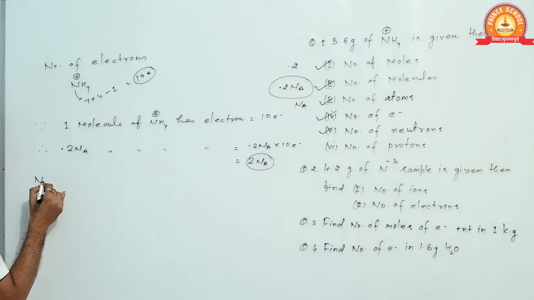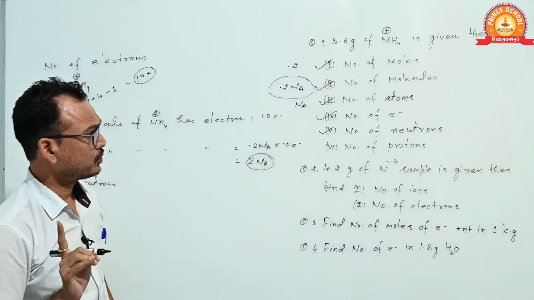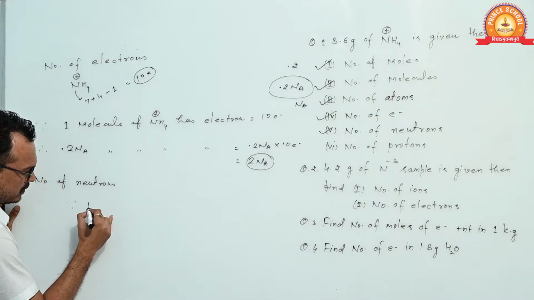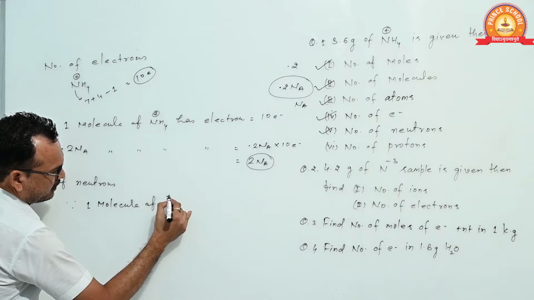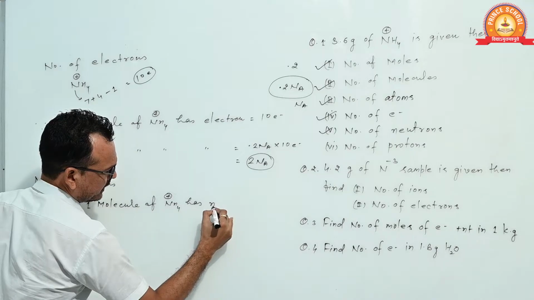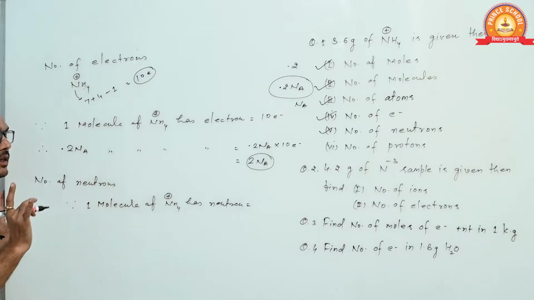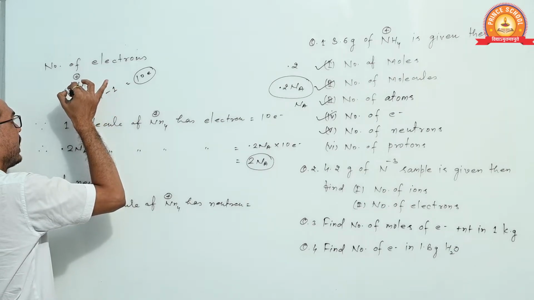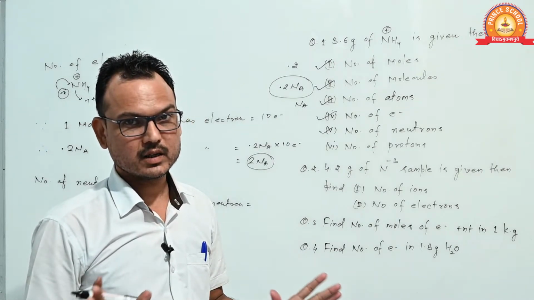Clear? Next, what is the number of neutrons? Next you have the question of the number of neutrons. First you calculate the number of neutrons in one molecule. Clear? Since one molecule of NH4 plus has neutrons, we know that the nucleus of hydrogen consists only of the proton, not the neutron. It means only 7 neutrons are present in the nucleus of nitrogen, and hydrogen does not contain neutrons.